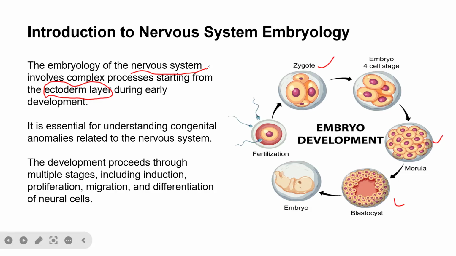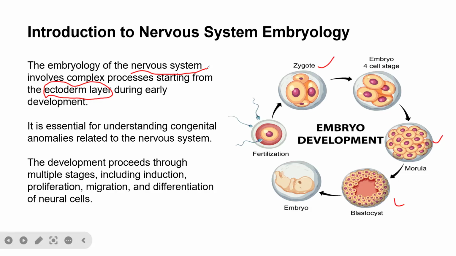So the ectoderm layer is one of the divisions of the layers of stem cells that are used to generate the nervous system. Nervous system is generated from ectoderm layer stem cells.